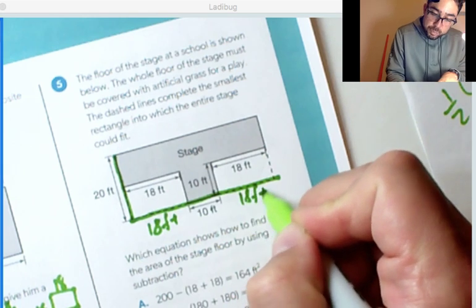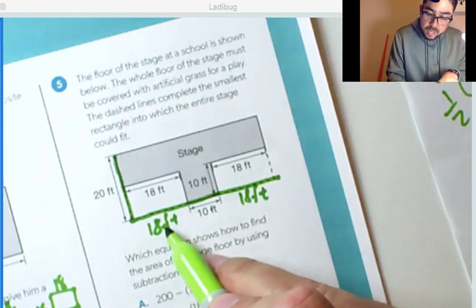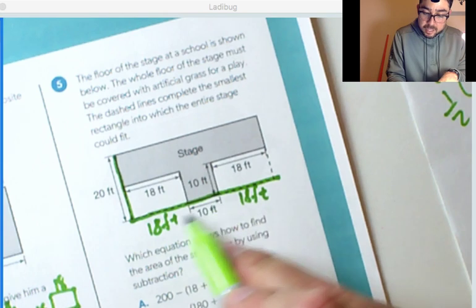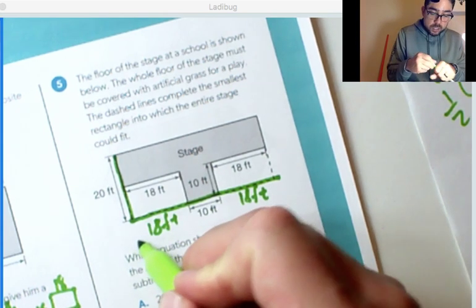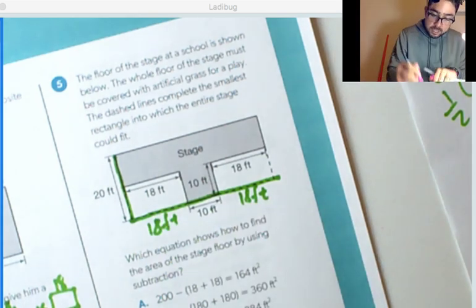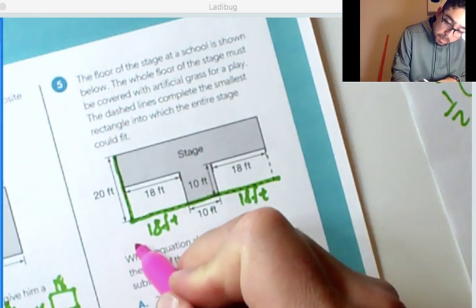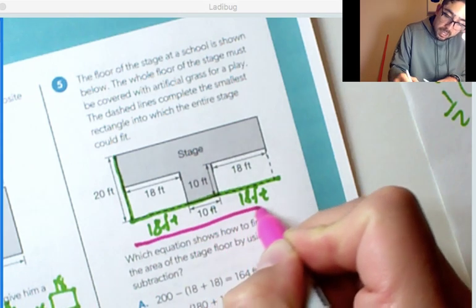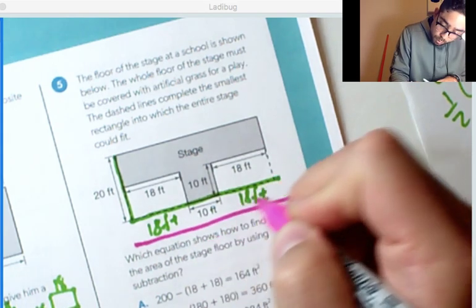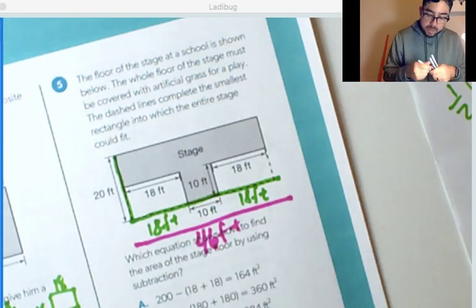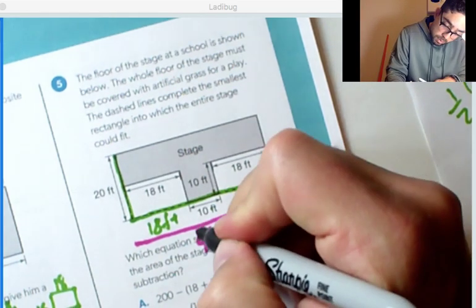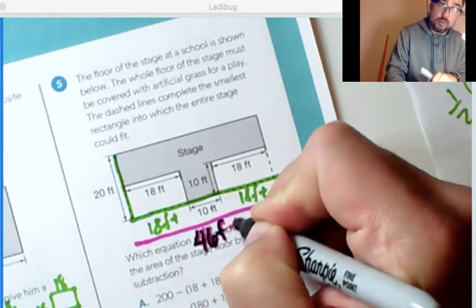If I add up these three, 18 plus 18 is 36, 36 plus 10 is 46. So again, that entire base here is 46 feet.